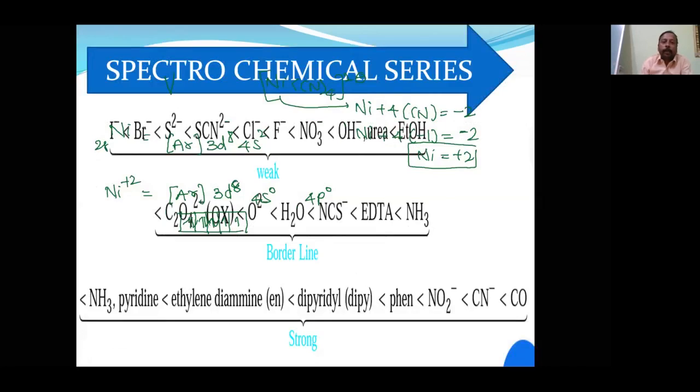See, where is the CN minus? You can cross-check and tell me. Yes, CN minus is in the list of strong field ligands. So whenever there is a strong field ligand, what should we do? I told you just now.